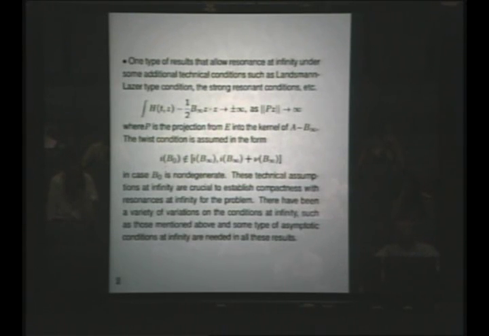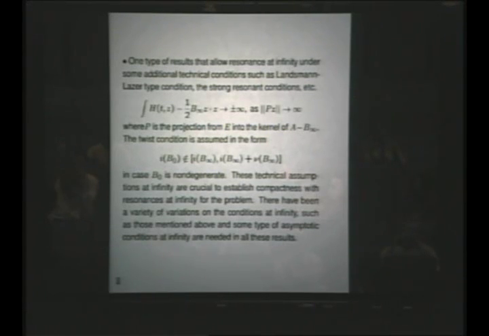One type of result is to allow this B infinity to be degenerate, but requiring some more conditions on this Hamiltonian function. For example, this condition in the literature is called the Landesman-Lazer type of condition, and this says H has this expansion at infinity, but you require the difference to be large in some way.